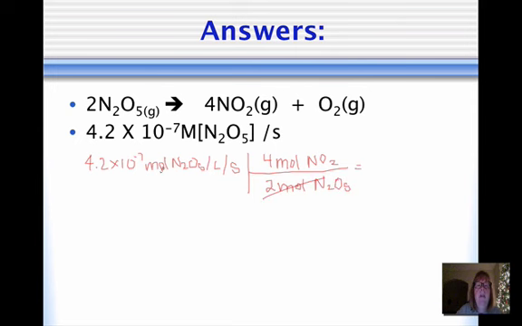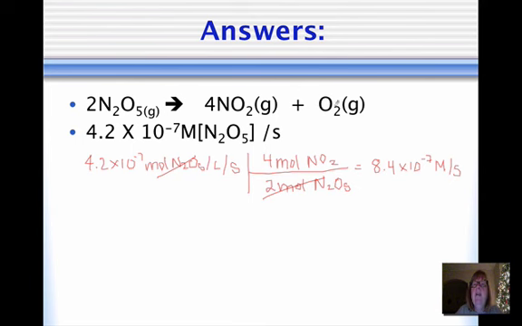The moles of N2O5 will cancel, and we'll be left with moles of NO2 per liter, so molars of NO2 per second. Notice you put the moles of what you want on the top, the moles of what you have on the bottom, to get rid of them using your coefficients in the balanced equation. We are going to find that it's 2 times that, which is 8.4 times 10 to the negative 7th molars per second. That is the rate of appearance of NO2.